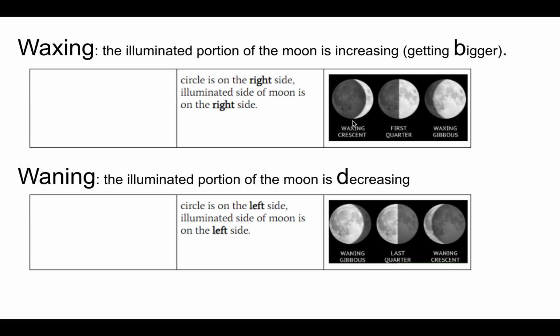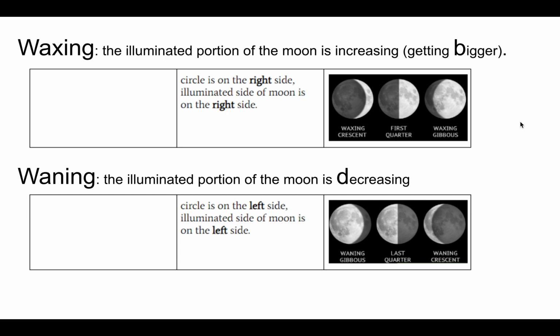So what that means is that this lit up portion, over time, is getting bigger and bigger. Crescent talks about this shape, and gibbous talks about this shape, which is like not quite a circle. And crescent is like, I don't know, kind of like a croissant, or it's that little sliver. You'll also notice that when it's waxing, the illuminated is on the right side.